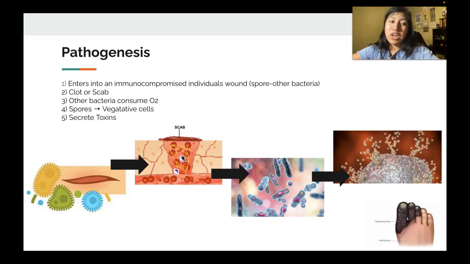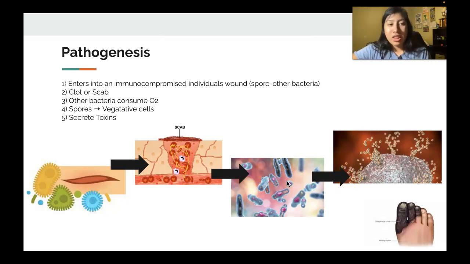Now, this other bacteria utilize all the oxygen inside that wound until there's no more oxygen in that wound. And that means that those bacteria are no longer able to be in that environment, but that's when the Clostridium perfringens thrives. Here's an animation of what they kind of look like.